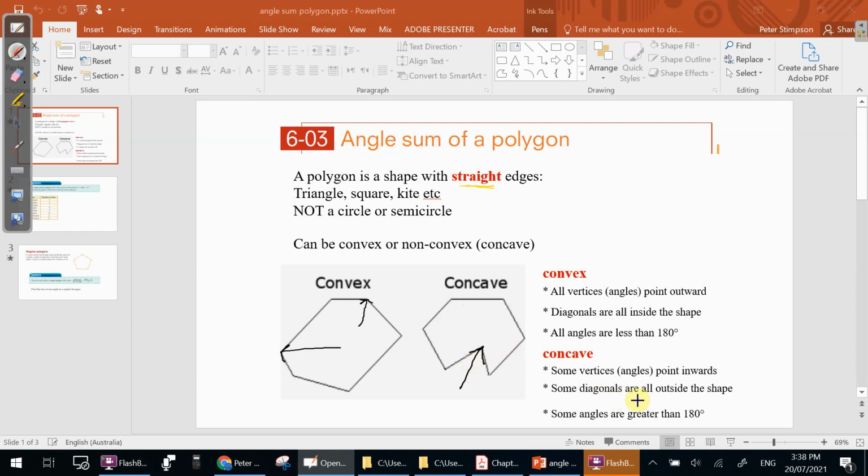Some diagonals are outside, so from a corner to another one, that's all you need for a diagonal. There's a diagonal there, outside the shape. A diagonal here is inside the shape, but that definitely outside. Okay.